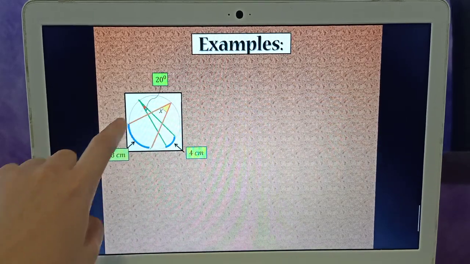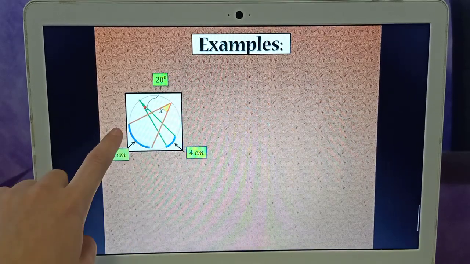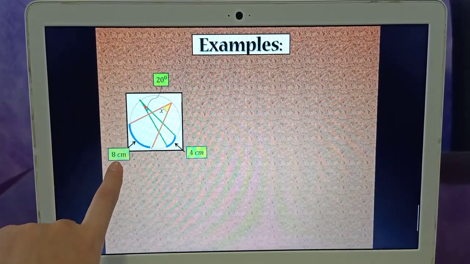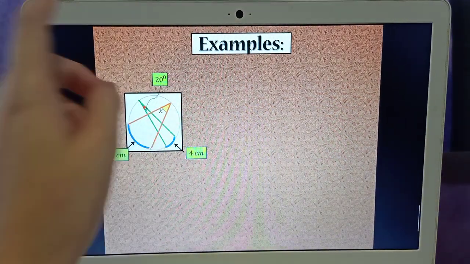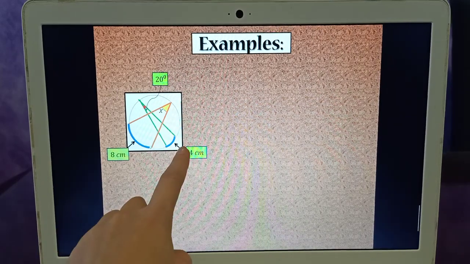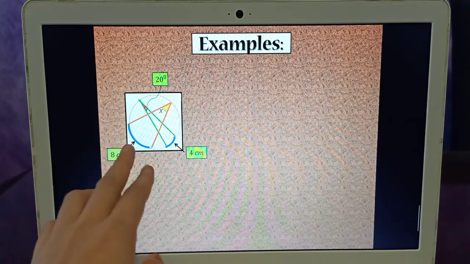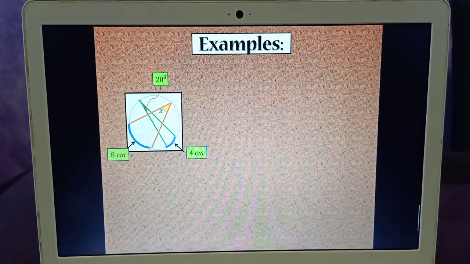And this angle x is also angle subtended at the circumference by an arc length of 8 cm. So maybe you say, teacher, I cannot say that x is 20 degrees because their arc lengths are not equal. Correct, you are clever. Their arc lengths are not equal. Of course, their angles are also not equal, but they can be proportional.